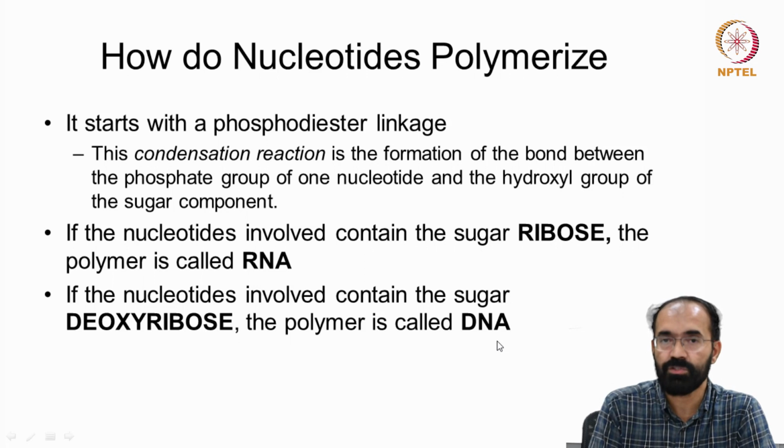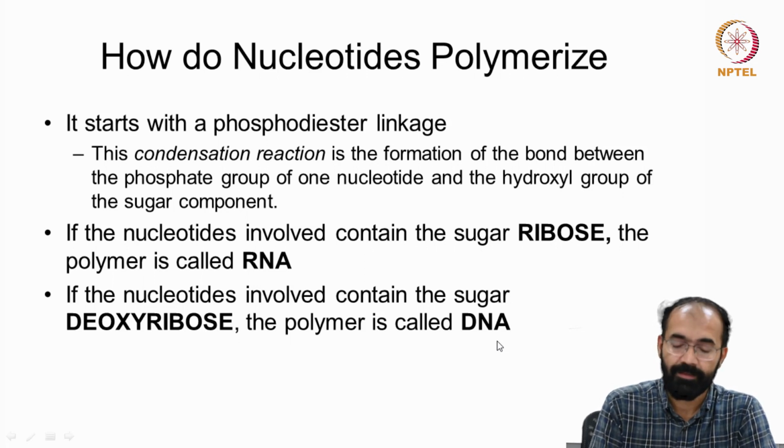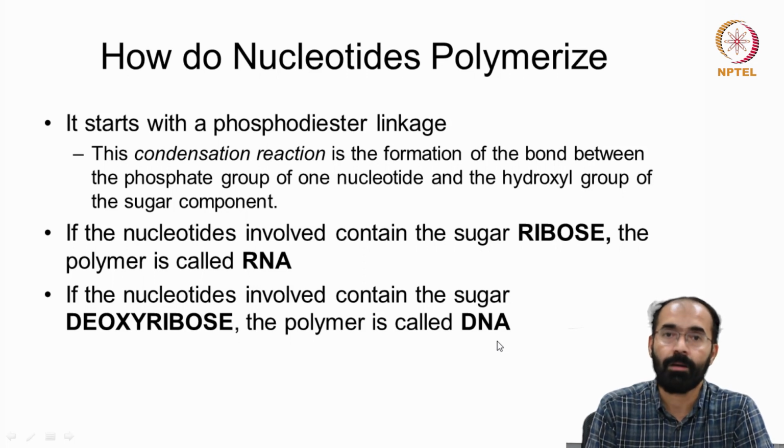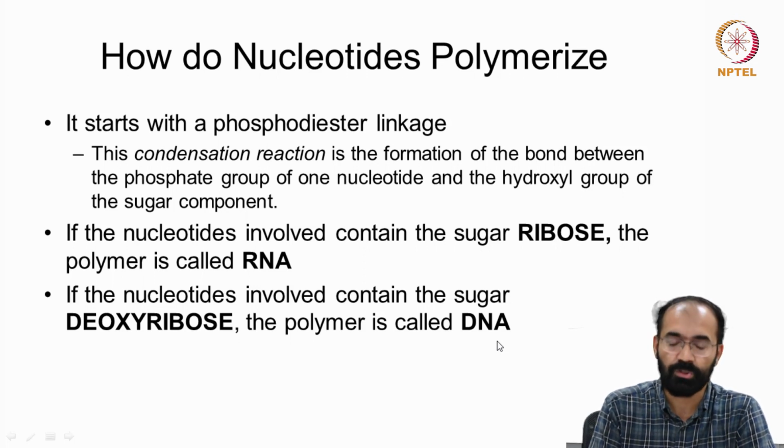That is why we use the word deoxy. Whereas the 3' carbon of both DNA and RNA has an OH group, which participates in the polymerization reaction. So the 3' and the 5' are important. The 3' and 5' carbons of the pentose sugar, or the ribose sugar, are very important for the polymerization reaction.